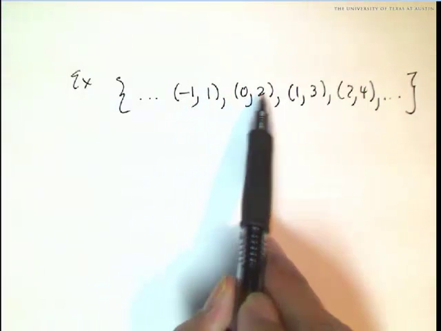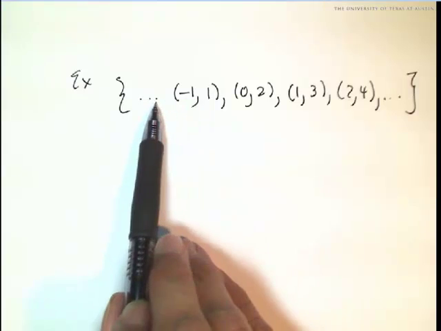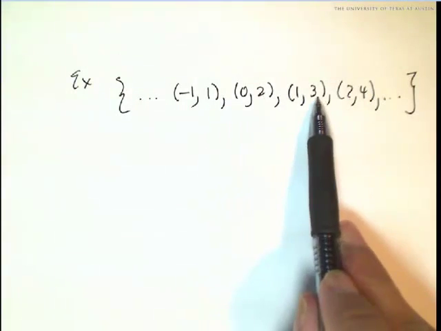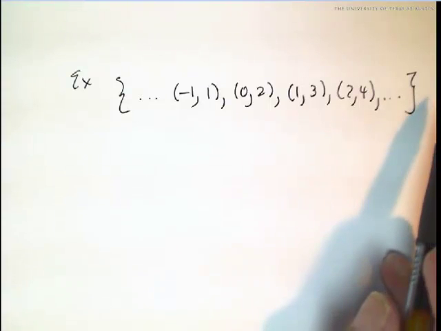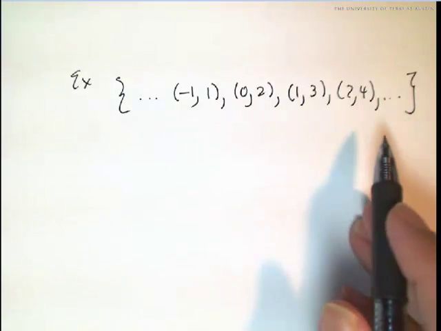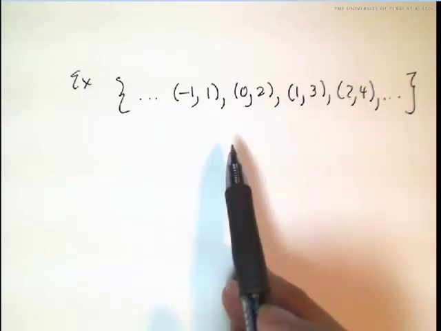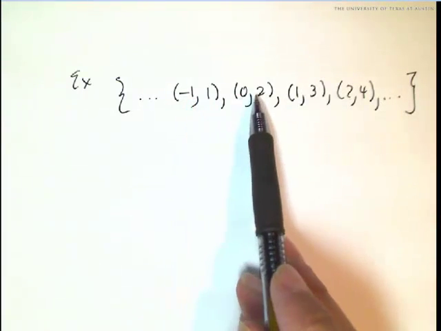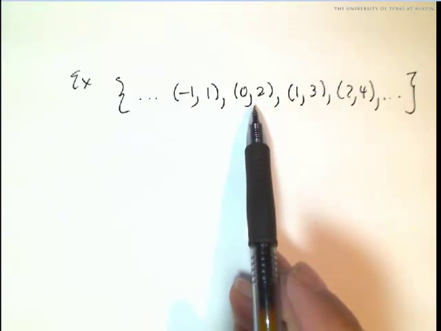I'm going up each x-coordinate by 1, and we can assume that's what's happening to the left, and I'm going up each y-coordinate by 1, and we can assume that that's happening to the right. This is an infinite set, but we notice that the definition is still satisfied. For each input, there's exactly one output.